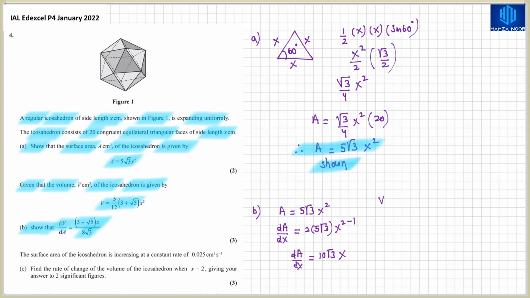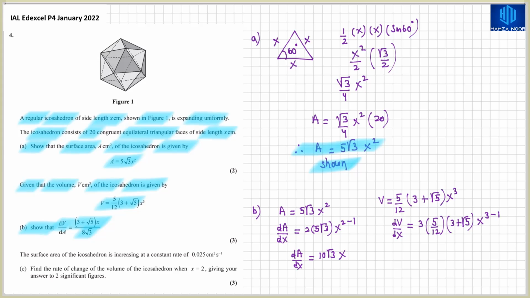And then we have volume equal to 5 over 12 multiplied by (3 plus root 5) multiplied by x cubed. First of all, we are going to find the dV over dx function. We are going to differentiate volume with respect to x. So this will be 3 multiplied by 5 over 12 multiplied by (3 plus root 5) multiplied by x raised to the power 3 minus 1.